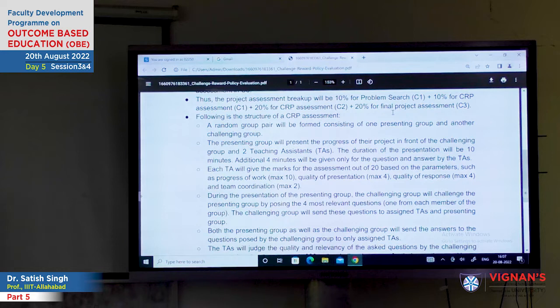During the presentation of the presenting group, the challenging group will challenge the presenting group by posing 4 most relevant questions. Relevant means based on the presentation. One from each member, so there are 4 members and every member has to ask one question.